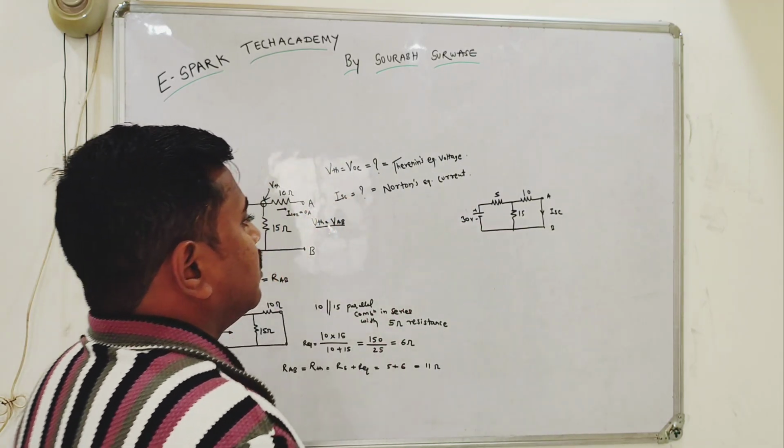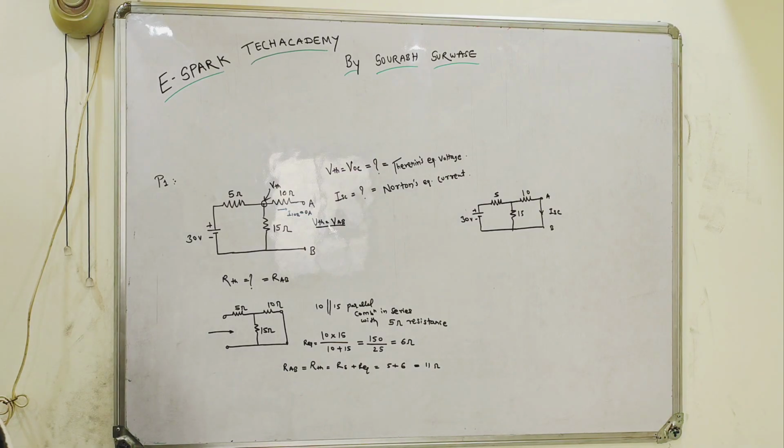This is the Norton's equivalent, where we will find out the RTH. RTH has already been found out, the same RTH we will be taking there. Only we have to find out the current now.